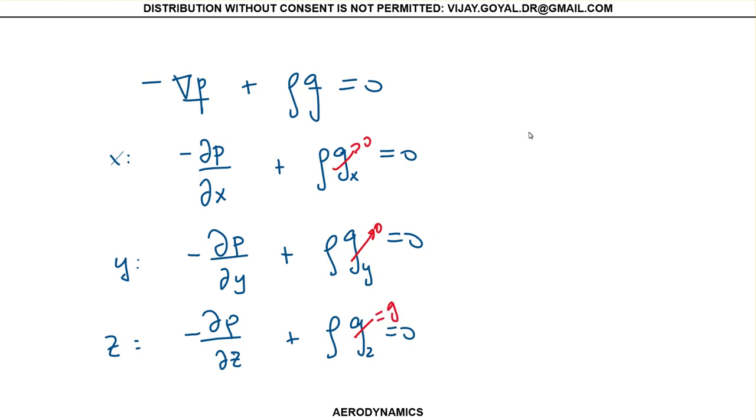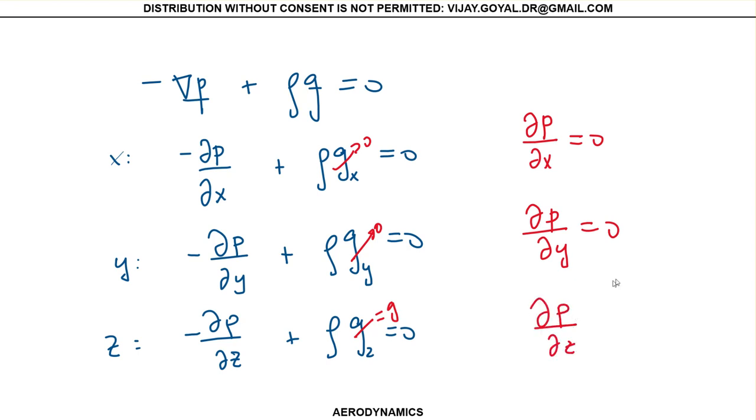Then your equation basically becomes partial of p with respect to x is equal to 0. Partial of p, this is pressure, by the way, with respect to y is equal to 0. And partial of p with respect to z is equal to minus rho g.